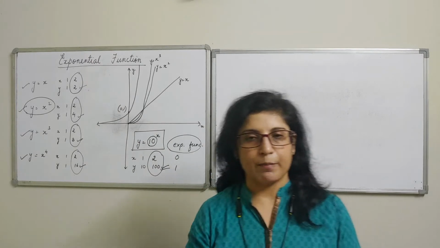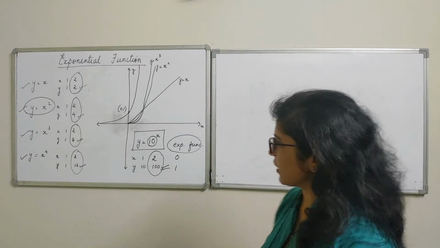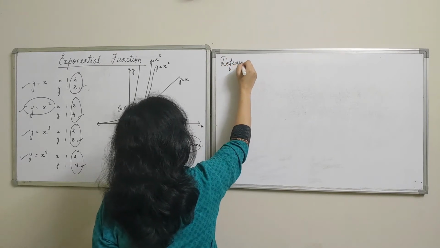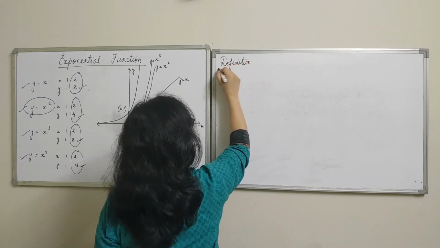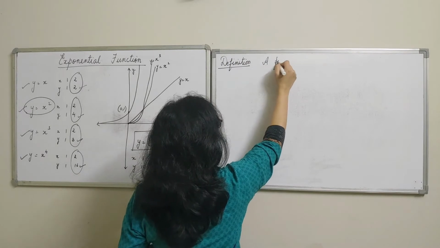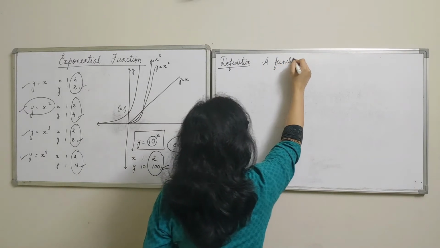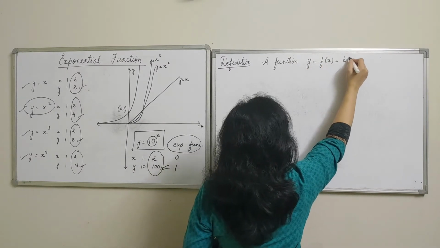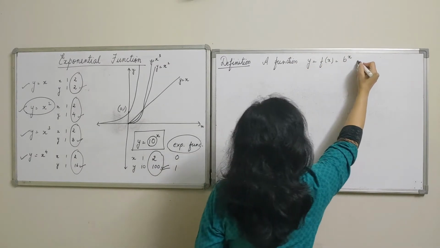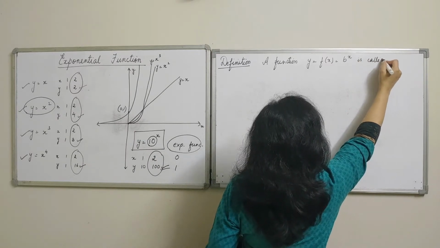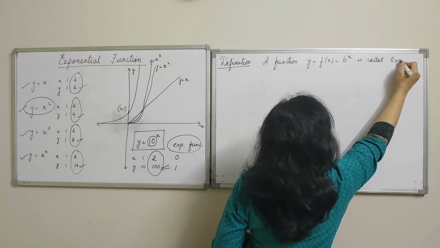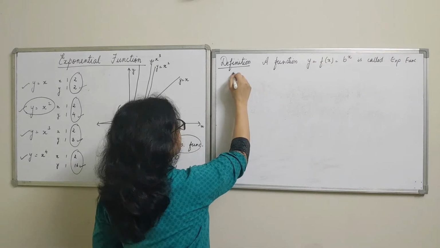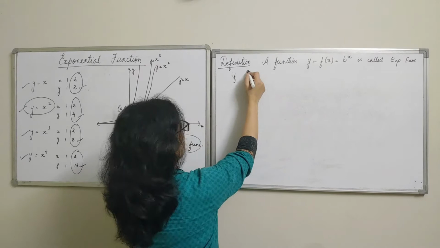Now let us write down the basic definition of an exponential function. The basic definition is a function y equal to f(x), which is defined as b to the power x, is called the exponential function if certain conditions are satisfied. What are they?